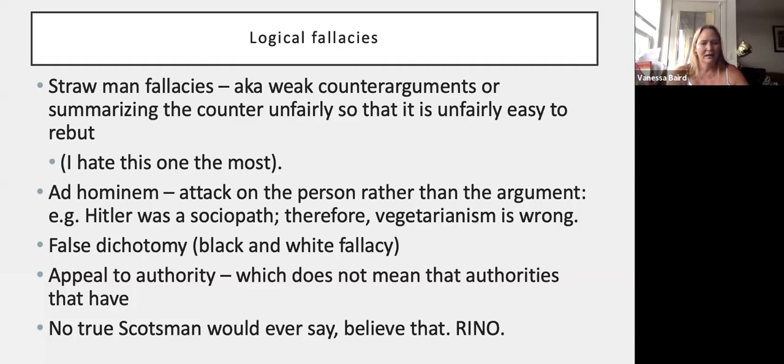All right, ad hominem attacks. Those are very often used, right? For example, I have required in the past in my American government class an essay written by John C. Calhoun. Does anybody know who that is?